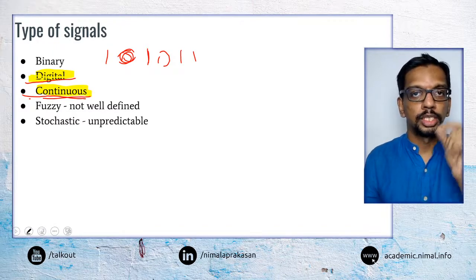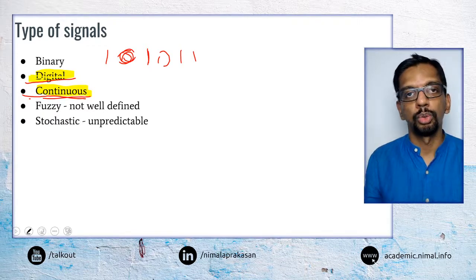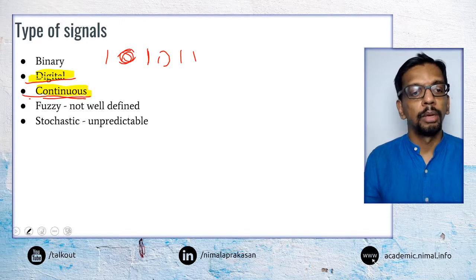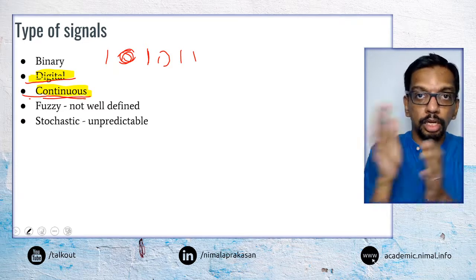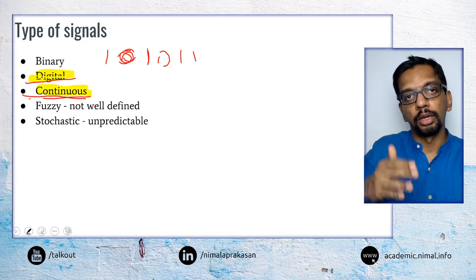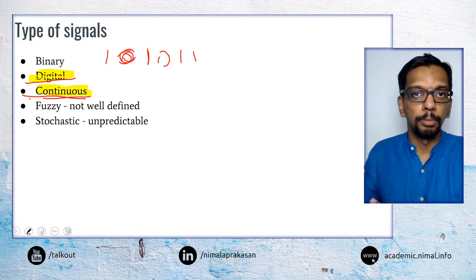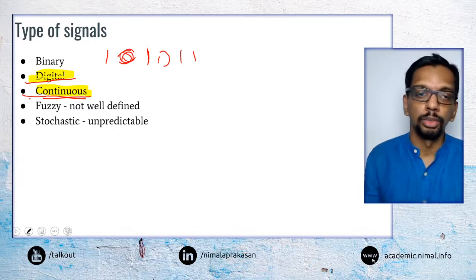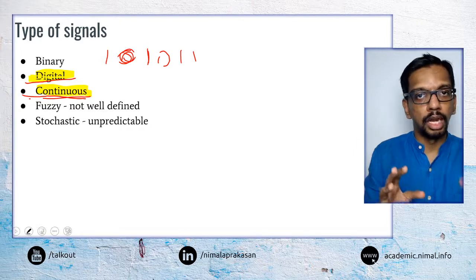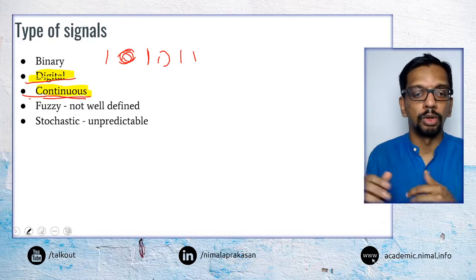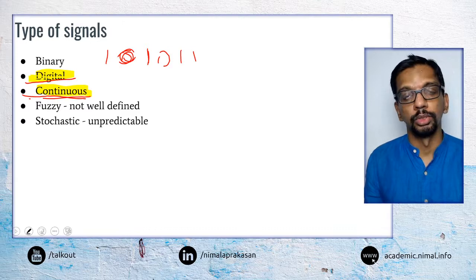Whereas the actual sound that is being produced and carried through a microphone will be a continuous signal at that point. But when it gets recorded into a computer, it will be converted into a digital signal. We will talk about this analog and digital conversion later on in this course.